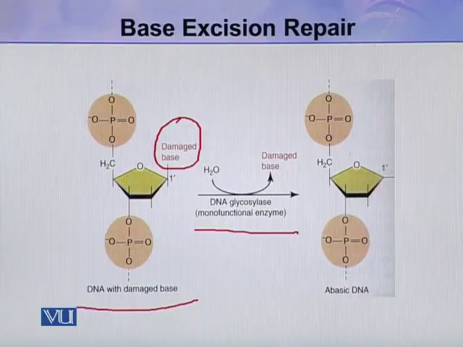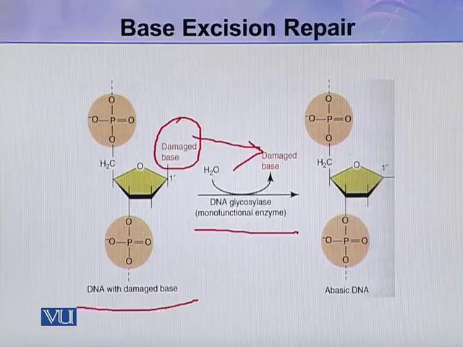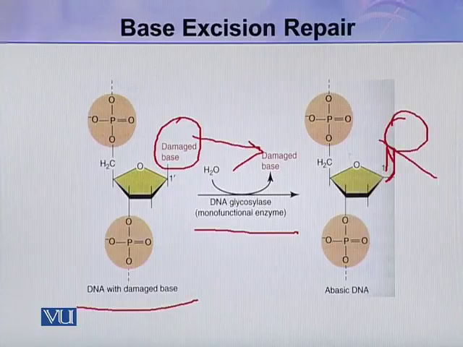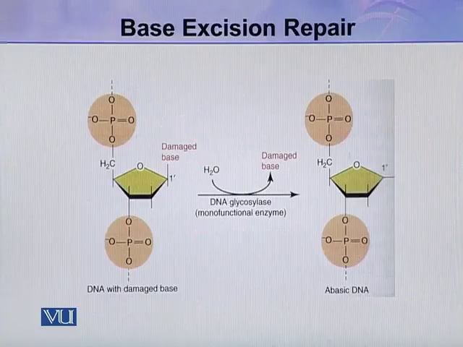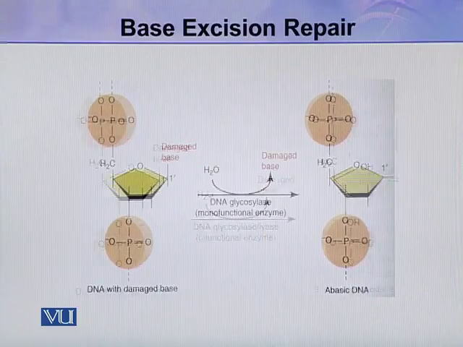In this reaction, the damaged base is directly removed, and here an abasic site is present, because the damaged base which was present here has been removed. So this is an abasic DNA. In this way DNA glycosylase works.